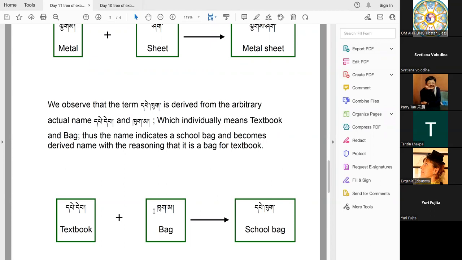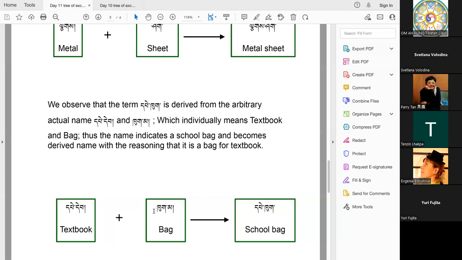Because in a school bag, normally we have textbooks. So instead of saying textbook bag, we say school bag because when we have textbooks, we're studying them. So therefore, we go to school. So we see that it is the combination of two arbitrary names, petep and kukma.